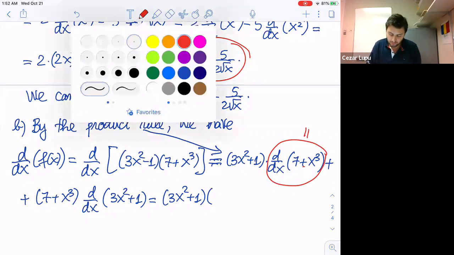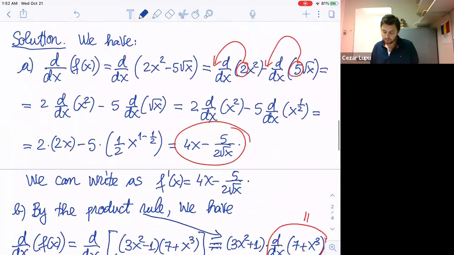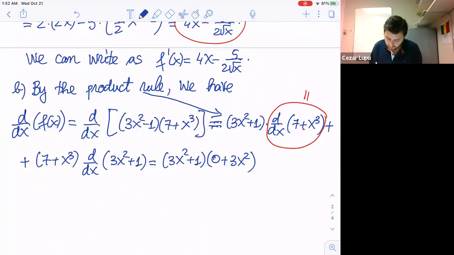So we'll put here 0 plus 3x squared. Wait, did I forget anything? It's a 2 here. I'm sorry, forgot to put here a 2. Yes, and now it will be a 6 here, 6x squared.